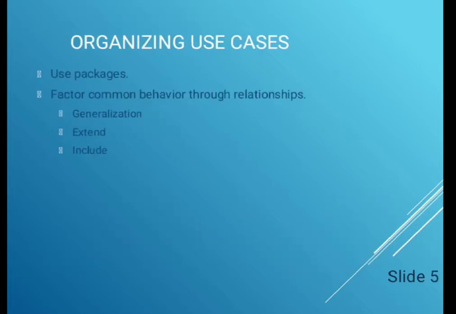Organizing use cases uses packages, generalization, extends, or includes. A child inherits the behavior and meaning from the parent, which is nothing but generalization. A child may be substituted any place for a parent, rendered the same as a class generalization.